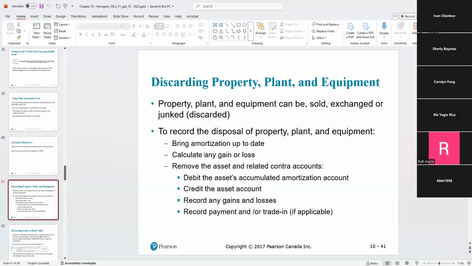The first rule is to bring the amortization up to date. The second thing is to remove the asset from the balance sheet. Now you have a contra account, which is accumulated amortization, related to that asset. Remove that account too. Then calculate if there's a gain or loss left.